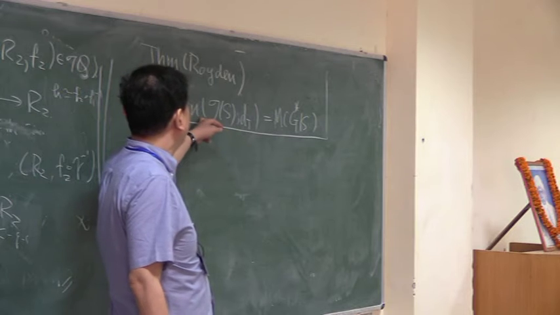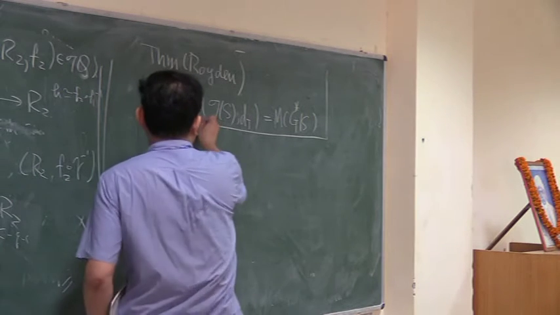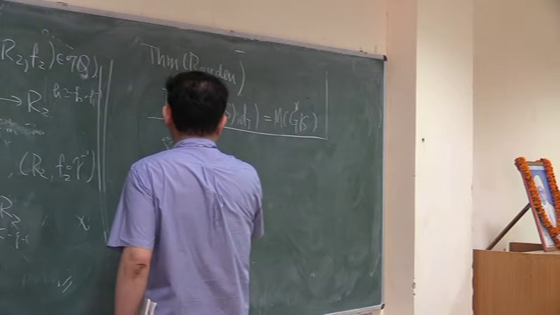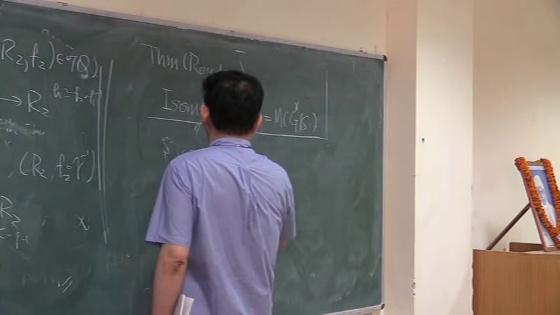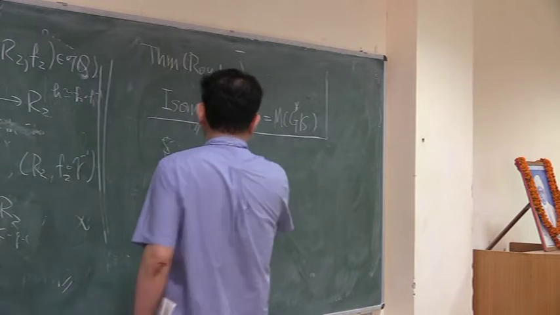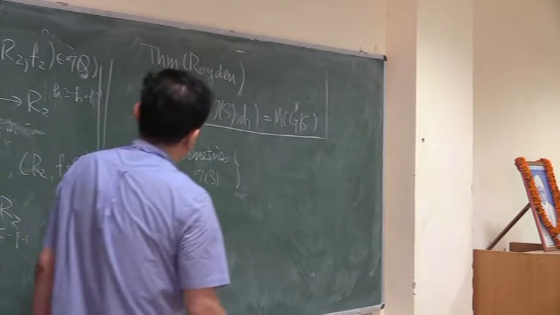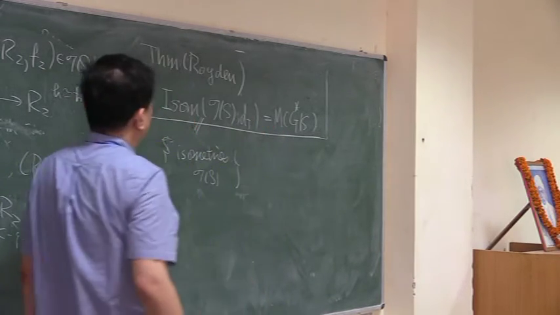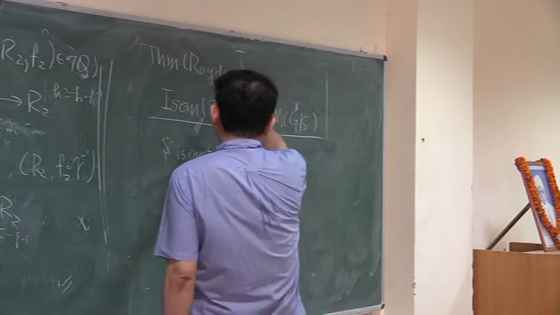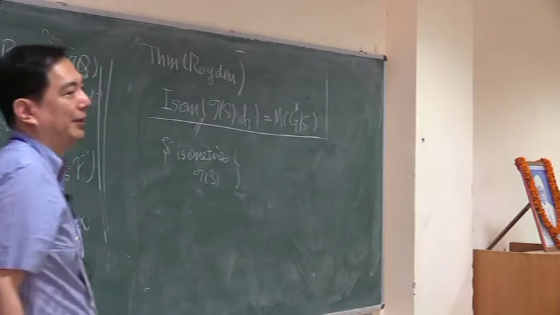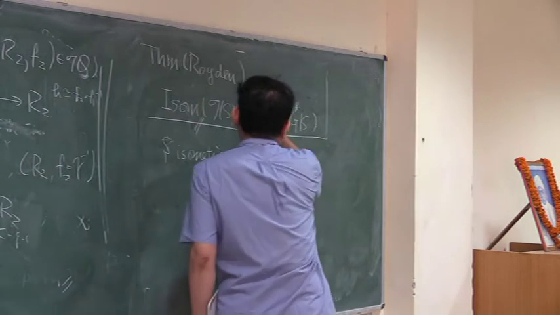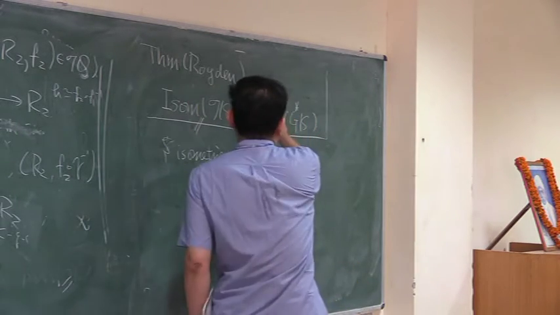This is the isometry group, the group of the isometries of Teichmüller space with respect to that metric. That again makes a group, and as groups, they are the same.